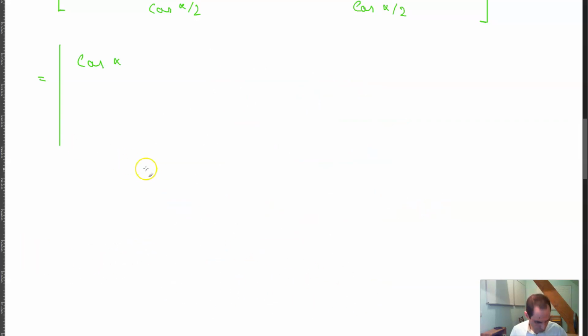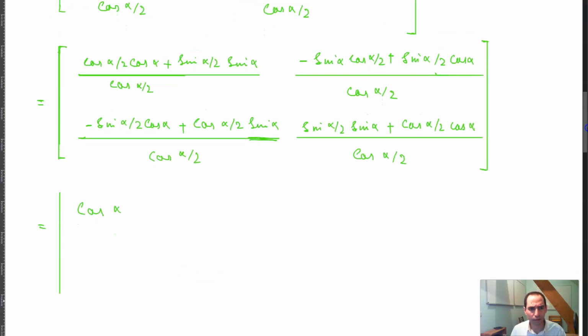Now what I'm going to do is write this as cos of alpha by 2, for example, minus alpha.